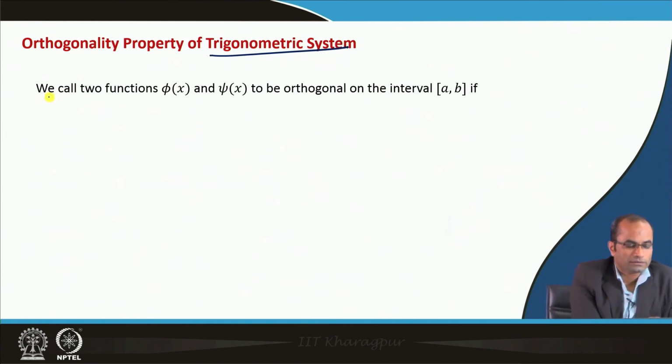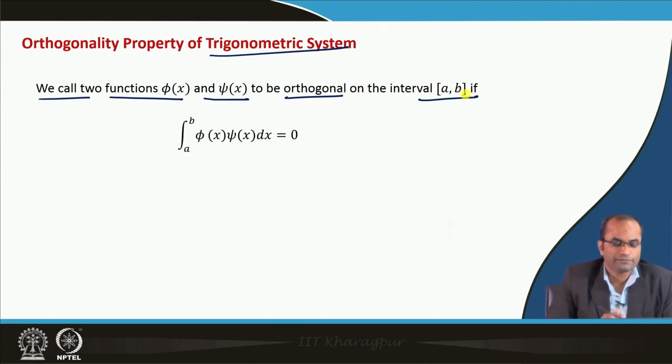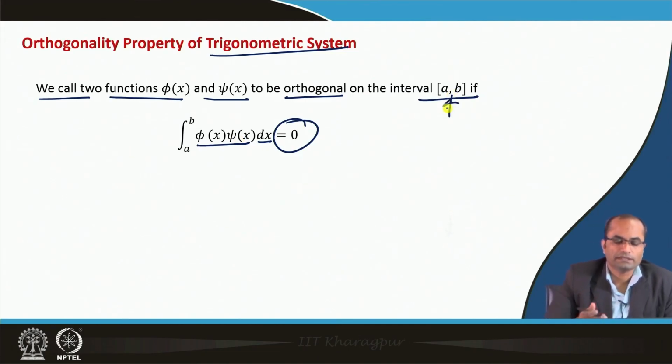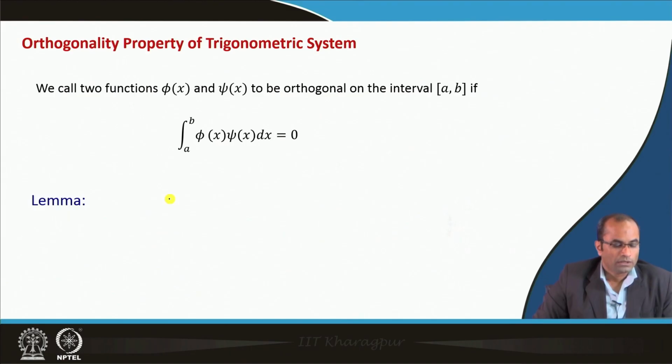We call two functions φ(x) and ψ(x) orthogonal on the interval [a, b] if we integrate from a to b the product of these two functions and it is 0. If the integral of the product over the interval [a, b] is 0, then these two functions are orthogonal on the interval [a, b].